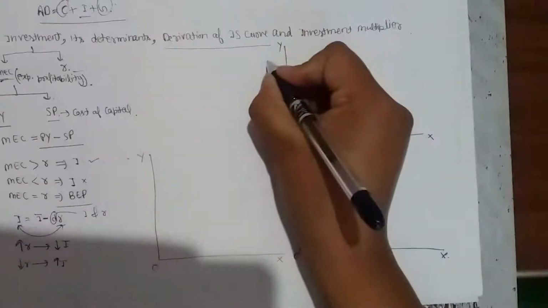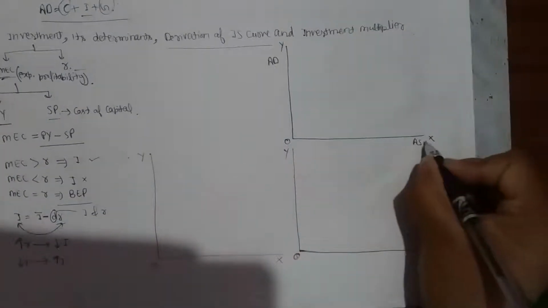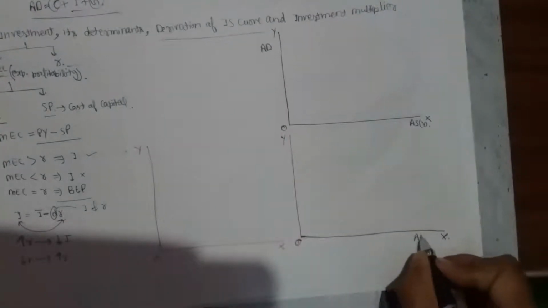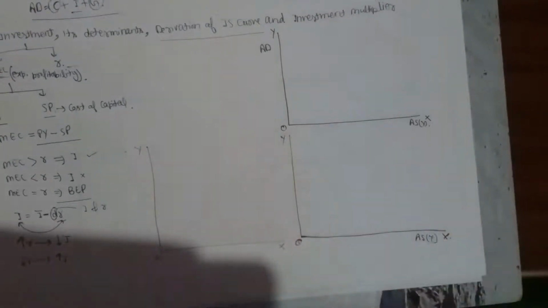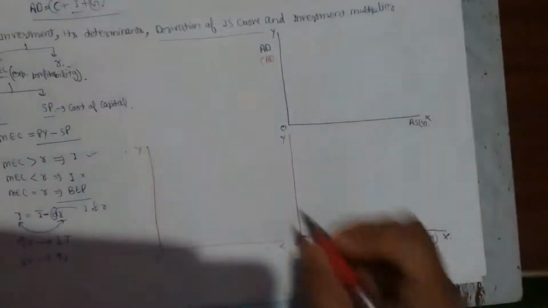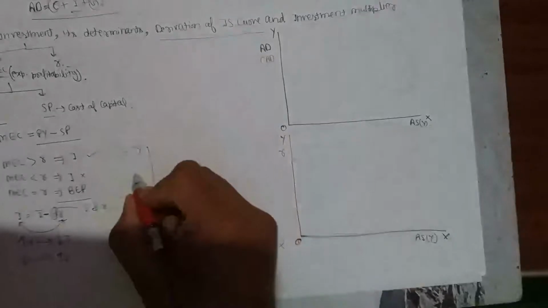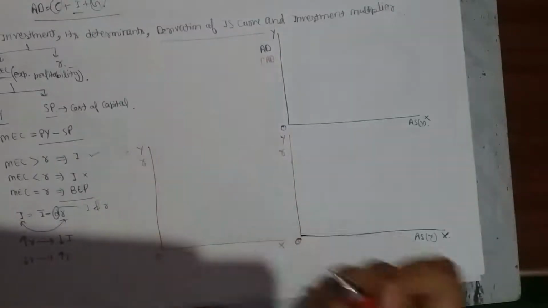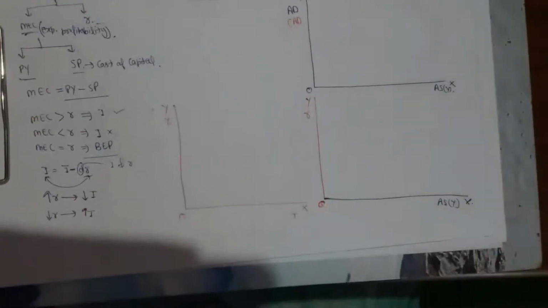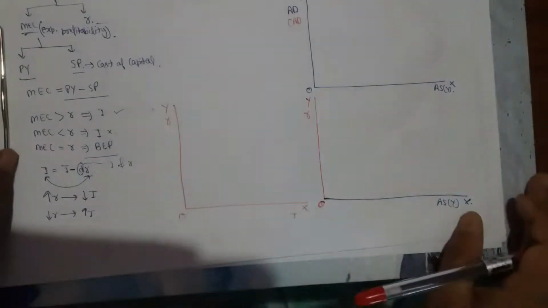Here will be aggregate demand and this will be aggregate supply, right? And this is also aggregate supply. This is aggregate demand and this will be rate of interest. It also shows rate of interest. This shows investment, right?